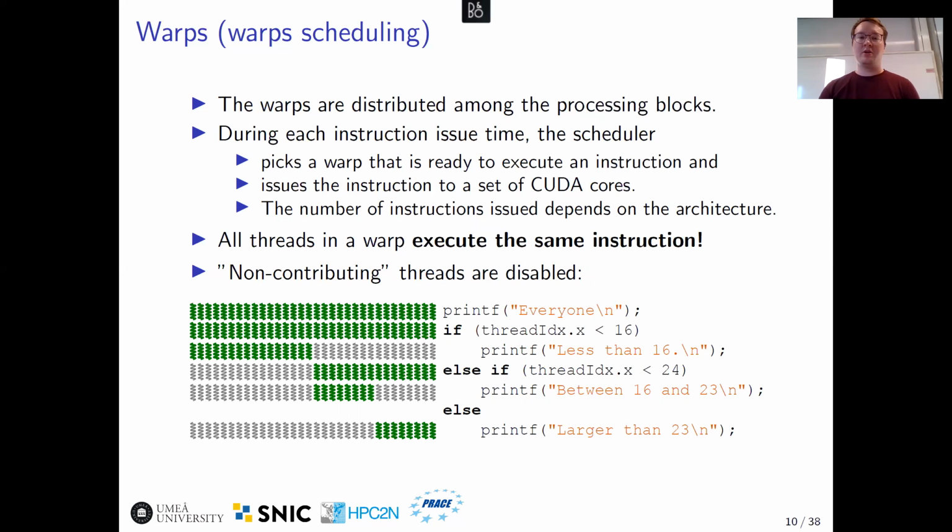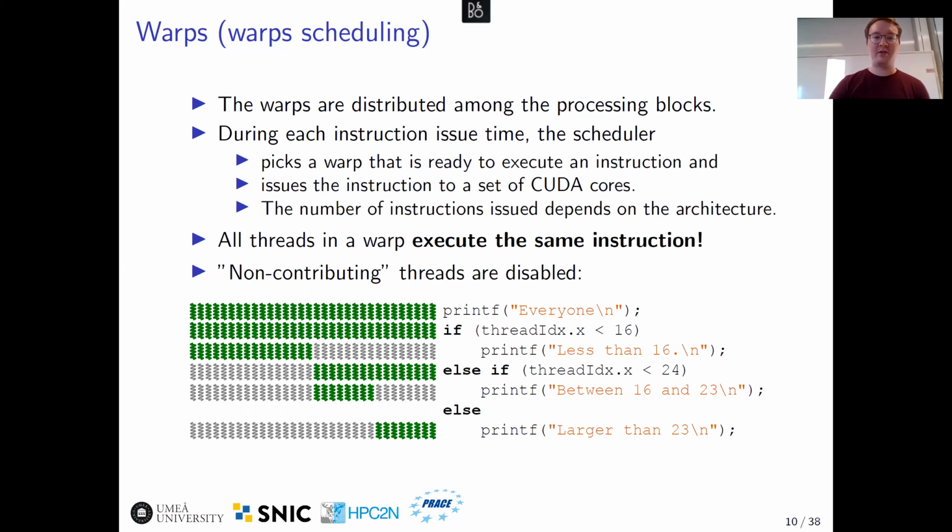With Kepler, you could have 2 instructions issued during each cycle. With the Volta architecture, you can have 1 instruction issued during each cycle. And the key thing to understand is that since the scheduling is not done on a thread basis, it's done on a warp basis, all the threads within the warp will actually execute exactly the same instruction.